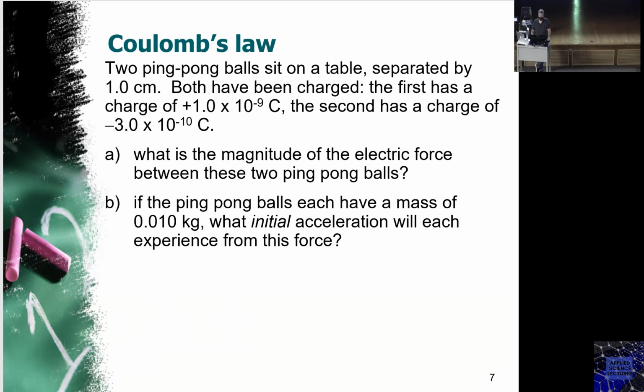So it's negatively charged. Now, magnitude-wise, which one is greater? The 1 times 10 to the power minus 9 or the 3 times 10 to the power minus 10? The 1 times 10 to the power minus 9, magnitude-wise, is greater than the 3 times 10 to the power minus 10.